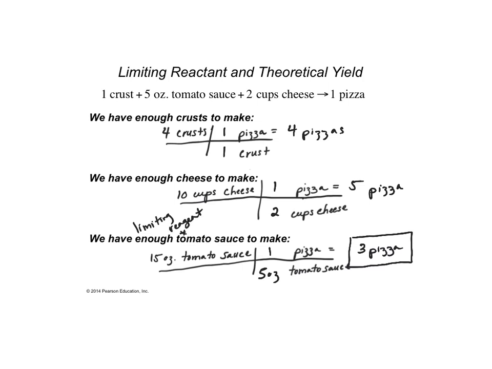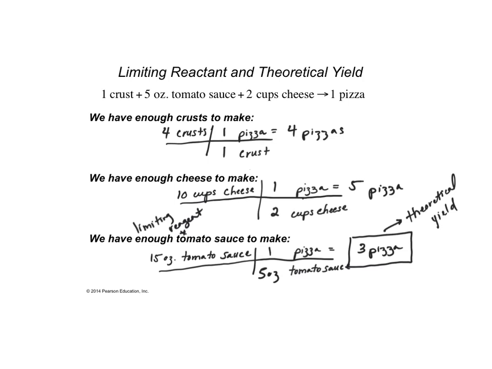So limiting reagent, we also call this limiting reactant. And then the amount of product that we can make using our limiting reagent is what is called our theoretical yield. In theory, we can make 3 pizzas, okay?